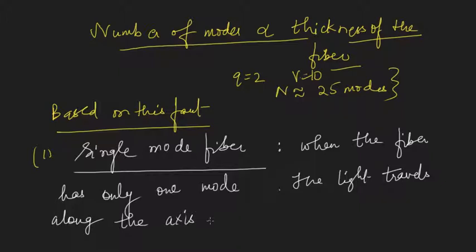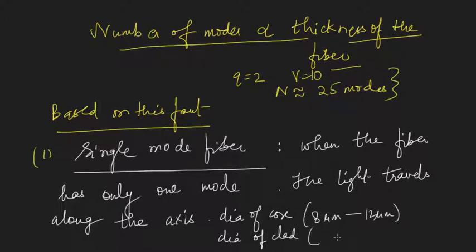And this kind of fiber is very difficult to fabricate. So typical diameter of core here varies from 8 micrometer to 12 micrometers, and diameter of clad, these are just typical numbers.